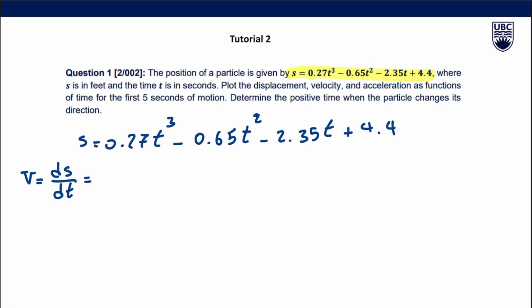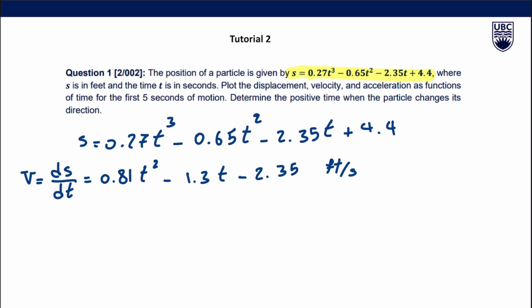And now you can calculate this derivative, and it will be 0.81 t squared minus 1.3 t minus 2.35, and the unit here will be feet per second.